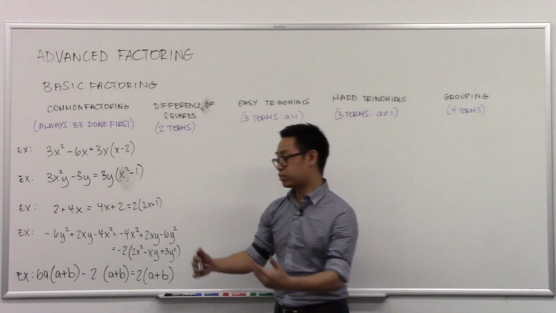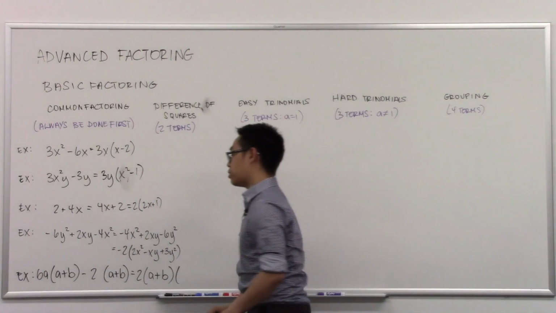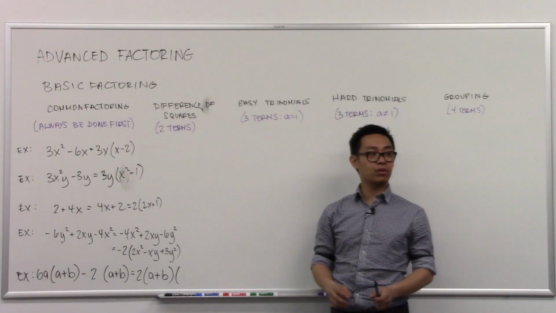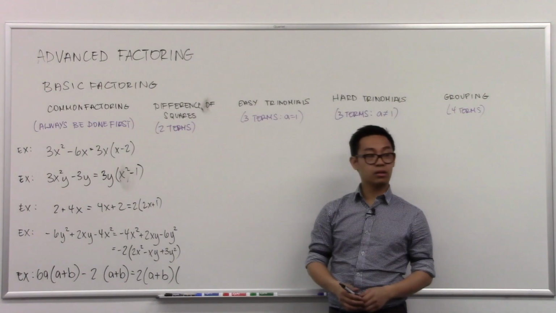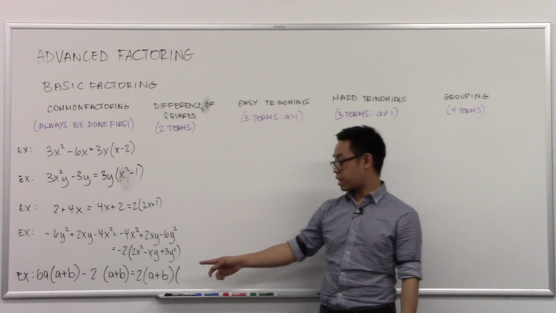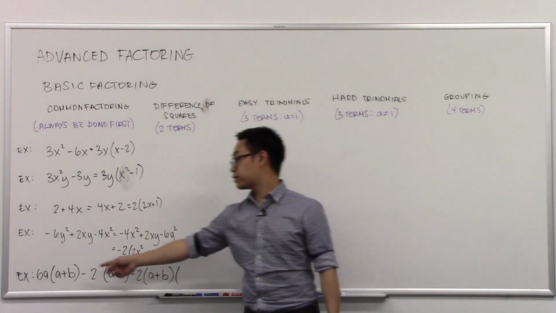Whenever you common factor out your greatest common factor, you open up a bracket to tell me what's left over. To figure out what's left over, you have to divide.